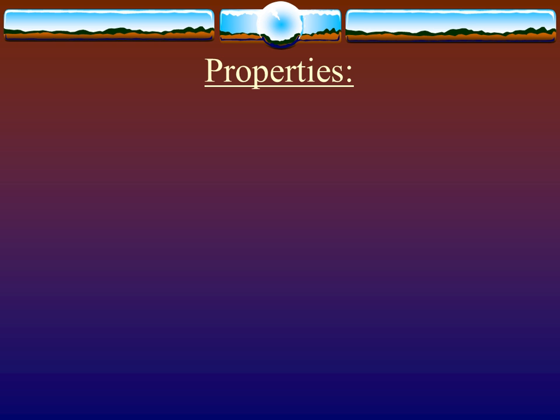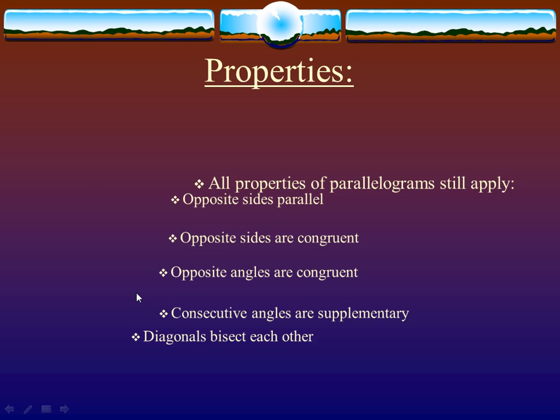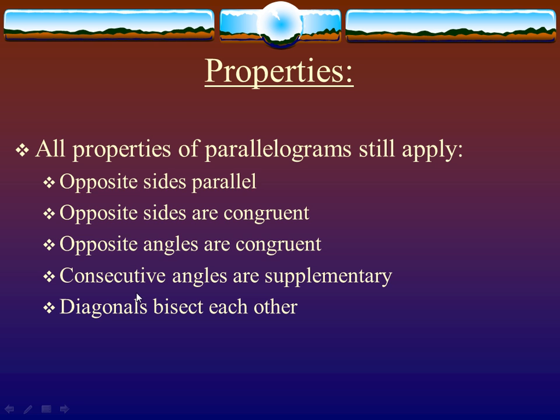Now, if it just had those properties, would we want to call it a rectangle? No, then it'd be stupid to give it another name. We'd have 2 names for the same shape. So a rectangle has all the properties of a quadrilateral, all the properties of a parallelogram, and it has a few of its own properties. All right? And that's what the first thing here says, is all those properties that we listed last time for a parallelogram also work for a rectangle.